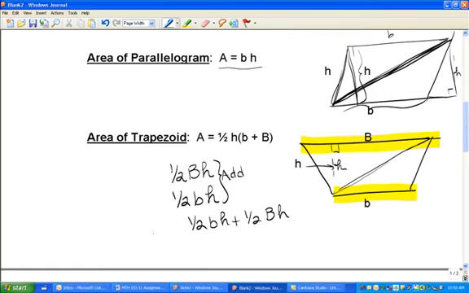We have a common factor, 1/2 h, that we can take out. That leaves little b plus big B. So that's where the formula comes from. We want to find the sum of the parallel sides, and we need to know the height of the trapezoid, and we take 1/2 that height and then times the sum of the bases.